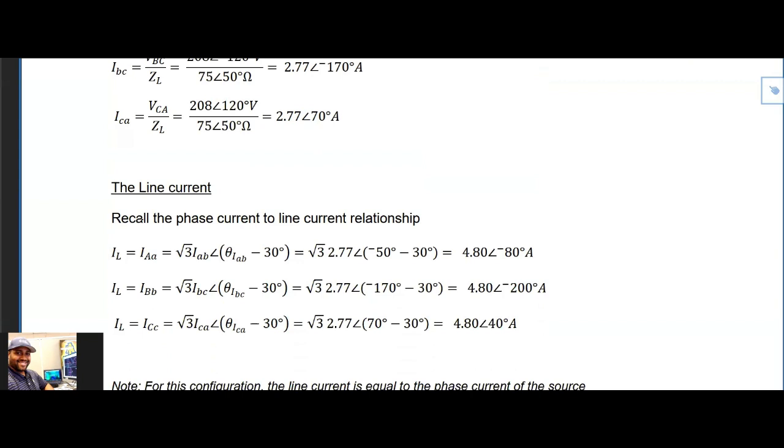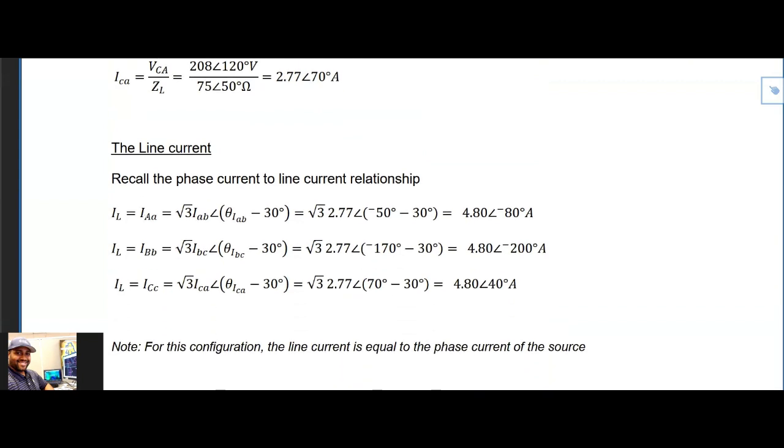And then to calculate the line current, you'll want to take that phase current and multiply it times the square root of 3. And the line current, in this case right here, is going to be lagging the phase current by 30 degrees, so you want to subtract 30. And so for this example, we get a line current of 4.8 at a phase angle of negative 80 amps. And we follow the same formula to calculate the other two phases' line currents.